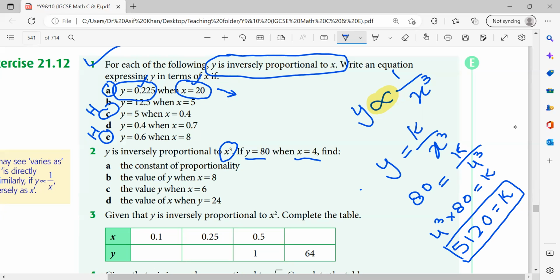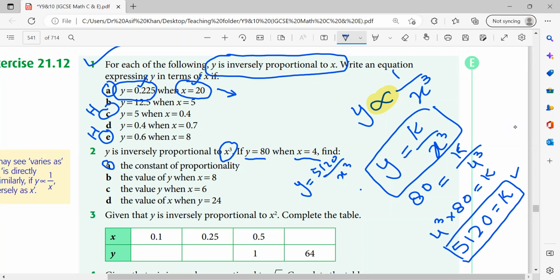Now put this value of k again in this expression. So it will be y is equal to 5120 over x cube. So first, he calculated the constant of proportionality, that is k, here.